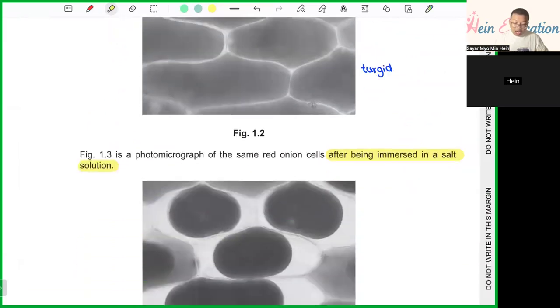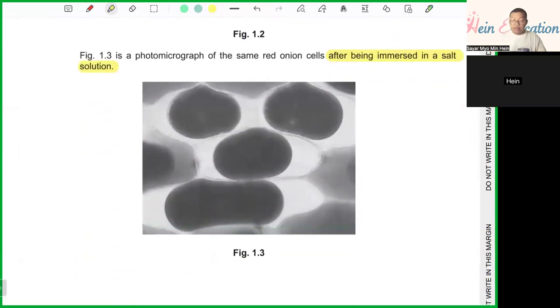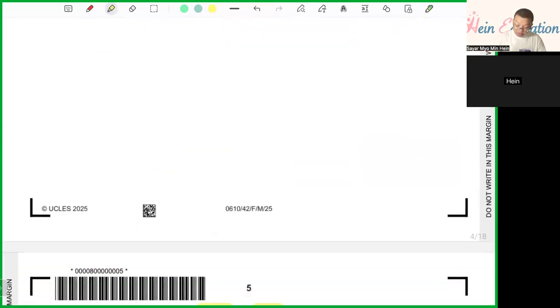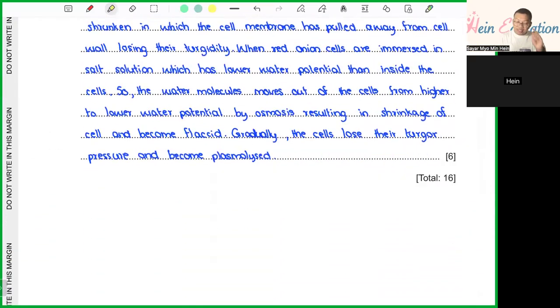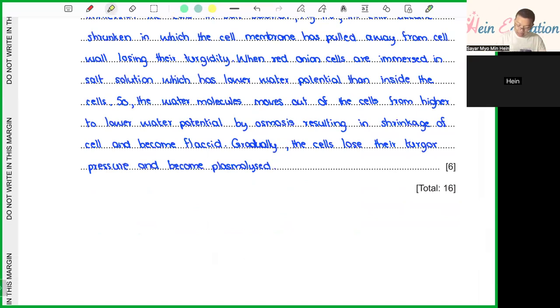And when they are immersed in a salt solution, the salt solution will have a lower water potential. So the water moved out of the cells from higher to lower water potential by osmosis, which leads to the state of flaccid, and it can lead to plasmolysis, right? So this would be my sample answer to these questions. So question number one is done.